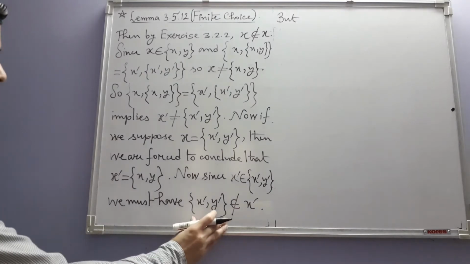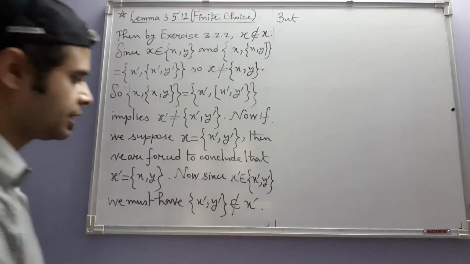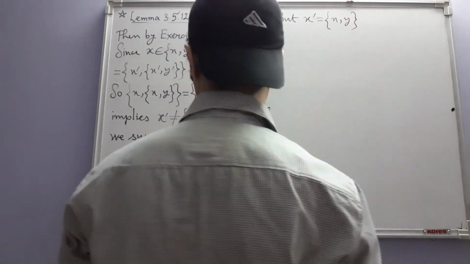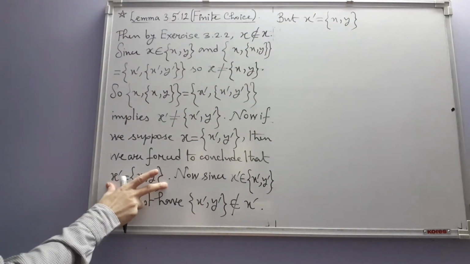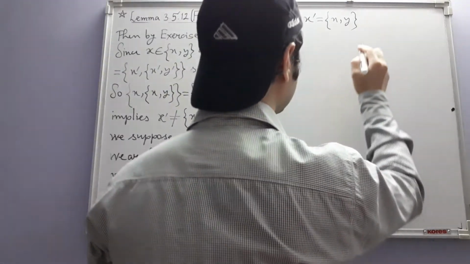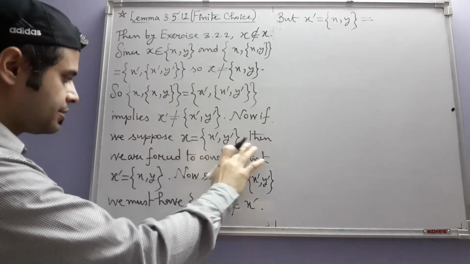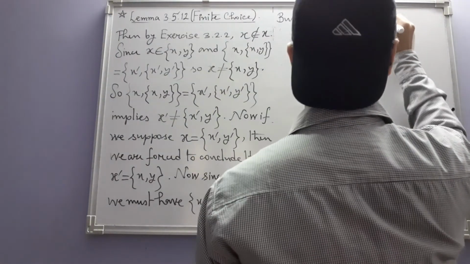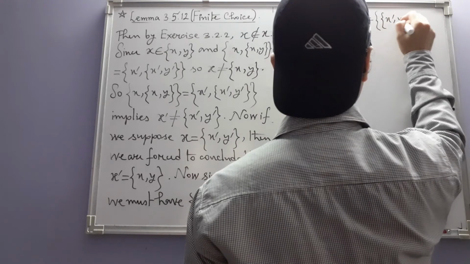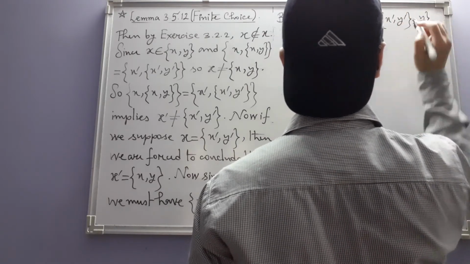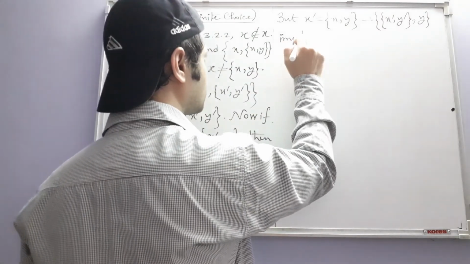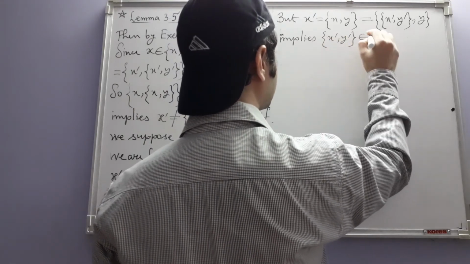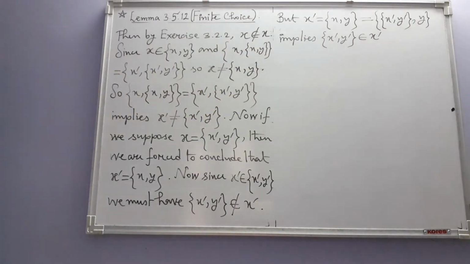Okay, let us now see how we can write x'. But x' is equal to {x, y}, that is coming from this, and x is equal to this, that also we have, because under this supposition we have all these things. This implies that this belongs to x'.